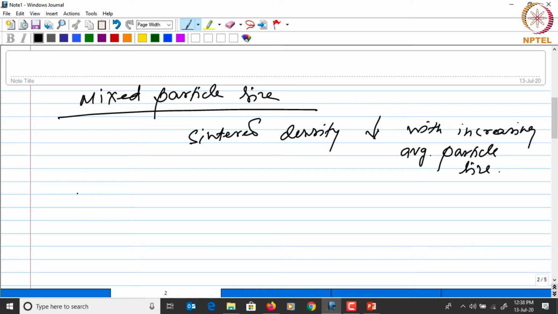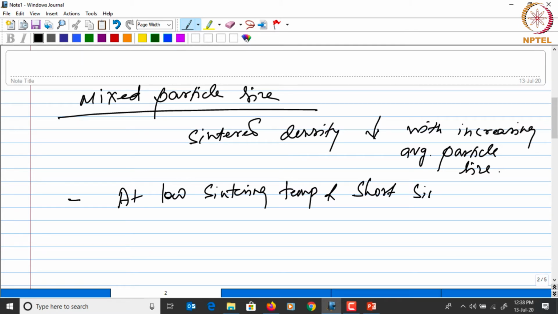So here we can consider two different scenarios. First, at low sintering temperature and short sintering time, here the densification benefit that you have due to the presence of different sizes of particles is dominant, and the powder mixture will give rise to the highest density with little dimensional change when the sintering temperature is low and the sintering time is also short, right?